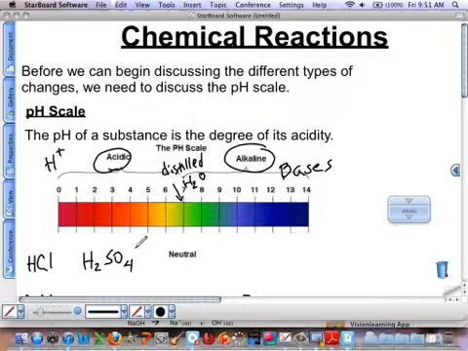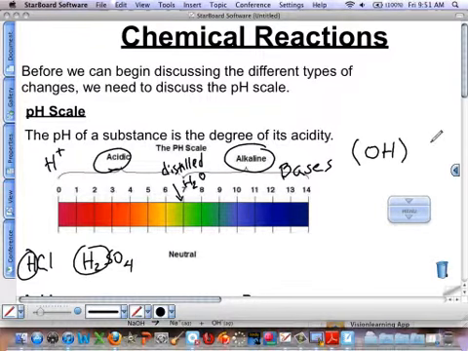So this stuff's pretty crazy. In fact, hydrofluoric acid is so corrosive, it's very difficult to find a container that it will not actually eat through. It's a very, very potent acid. But one thing I want you to know is that all of these have the hydrogen ion attached to it. Your bases, on the other hand, tend to have the OH ion.